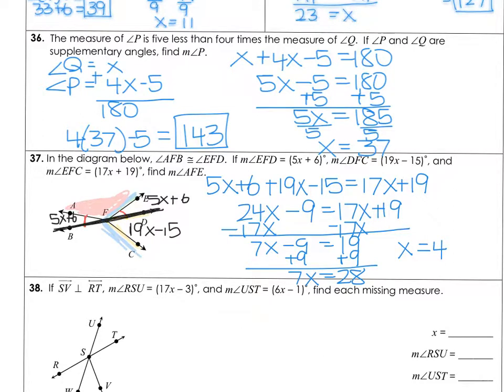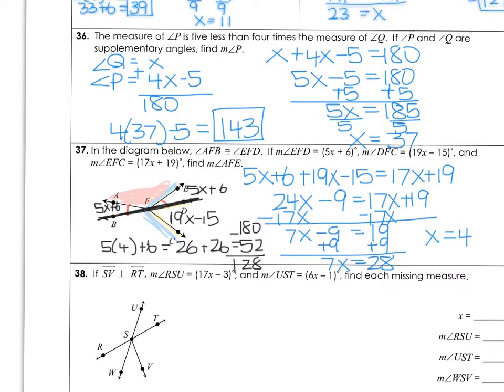So I'm going to take 5 times 4 plus 6 and get 26. I'm going to add 26, get 52. And then I'm going to subtract that from 180, and that's going to give me AFE. And hopefully that wasn't too confusing.